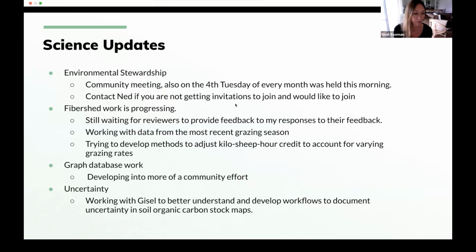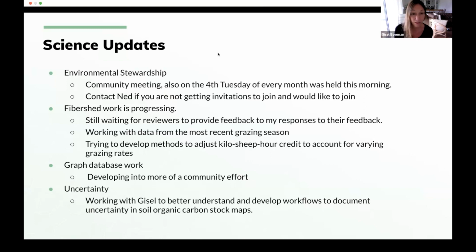We got extremely great reviews from three reviewers, one focusing more on soils, another on greenhouse gas accounting, and the other very focused on the digital soil mapping and the GIS analysis.